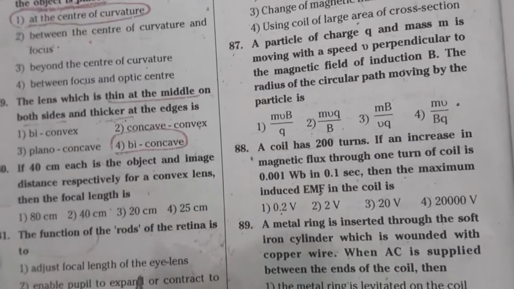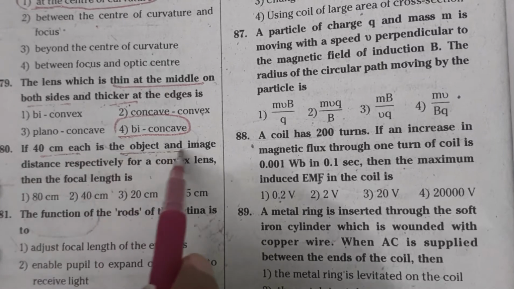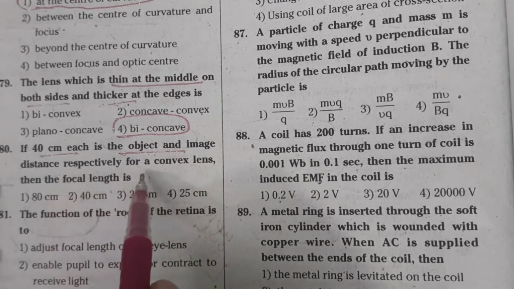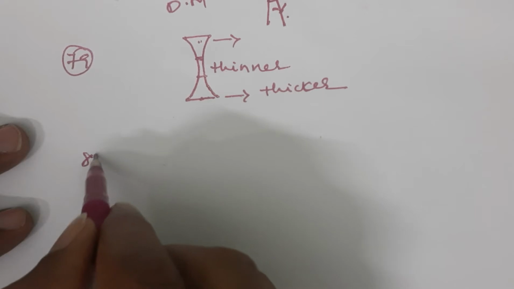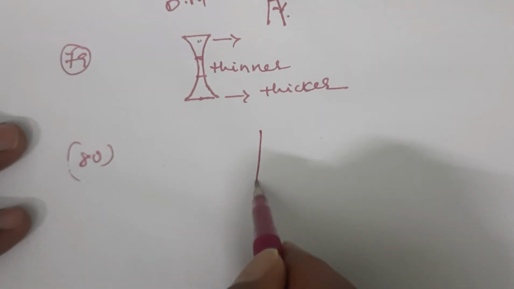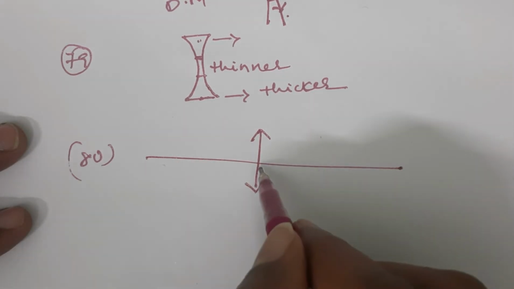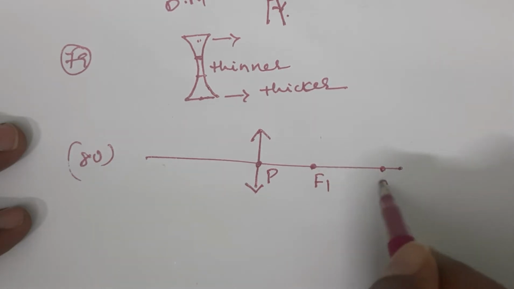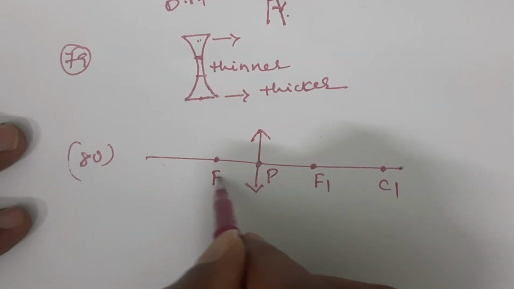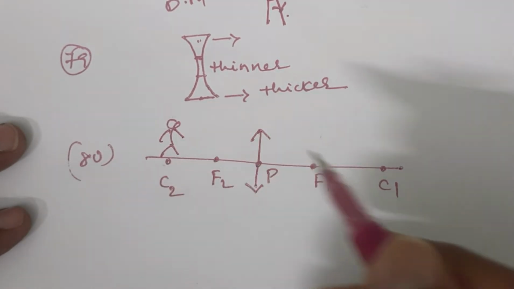Next, 80, students. Question number 80. If 40 cm each are the object distance and image distance respectively for a convex lens, then find the focal length. This is a convex lens symbol, this is the principal axis, and this is the optic center. Focal point F1, center of curvature C1, focal point F2, center of curvature C2, and here the object is placed.